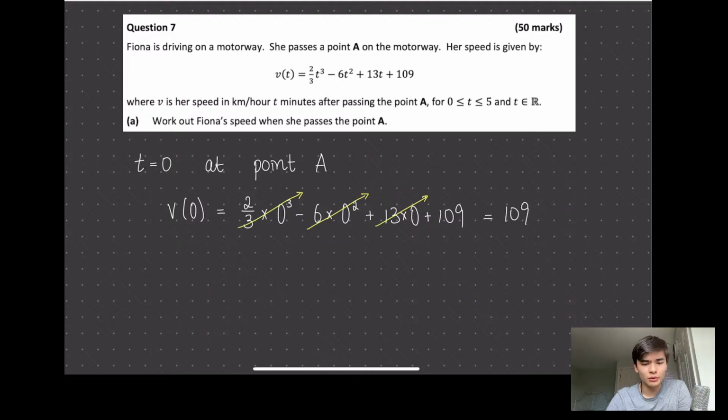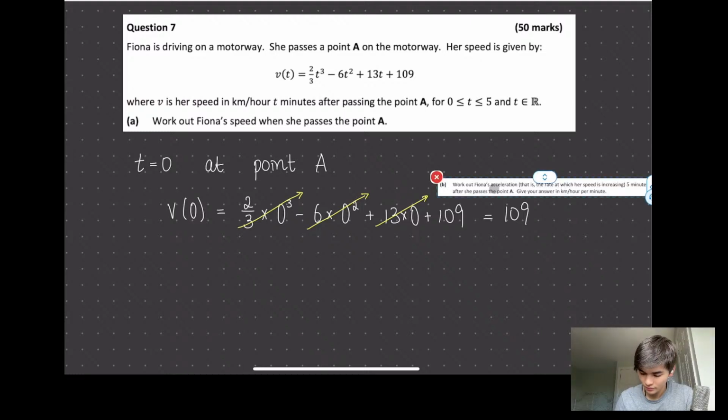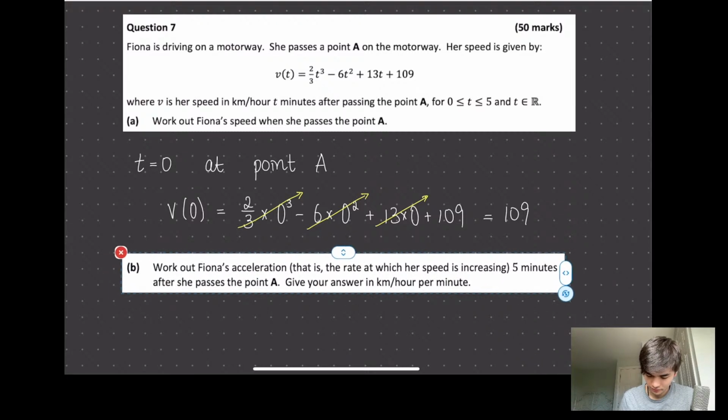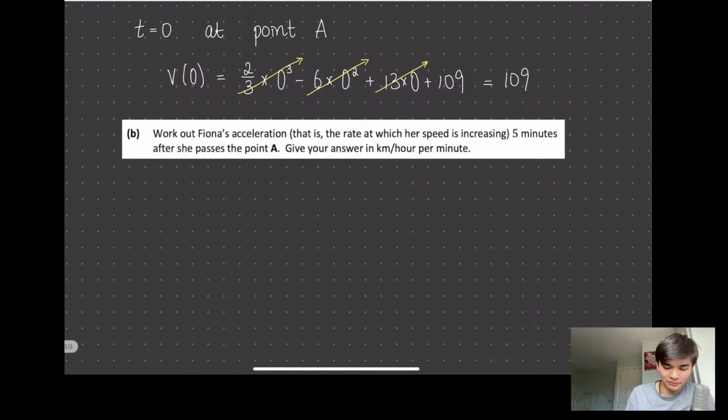All right, and if we move on to part B then. So hopefully you should know, I'm gonna have to assume that you do know this one, that acceleration can be worked out by differentiating the velocity.